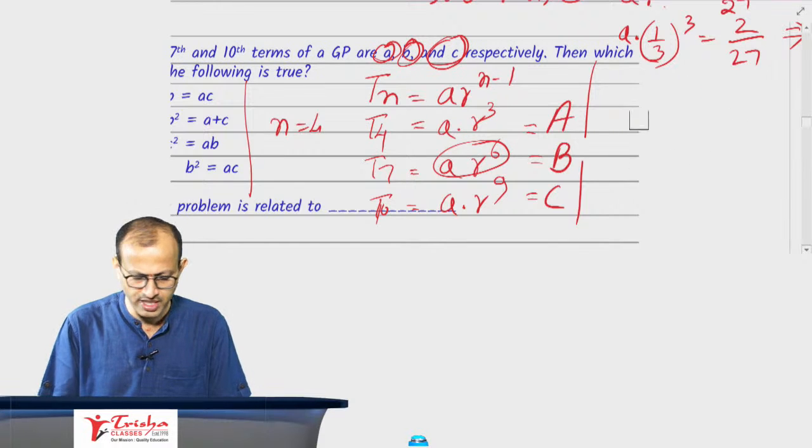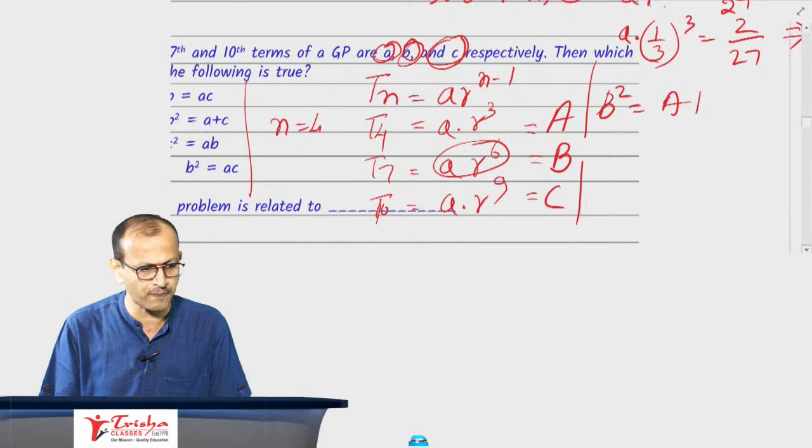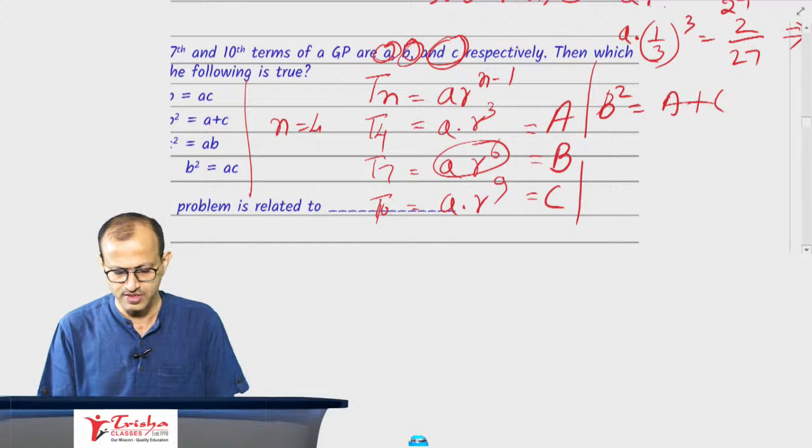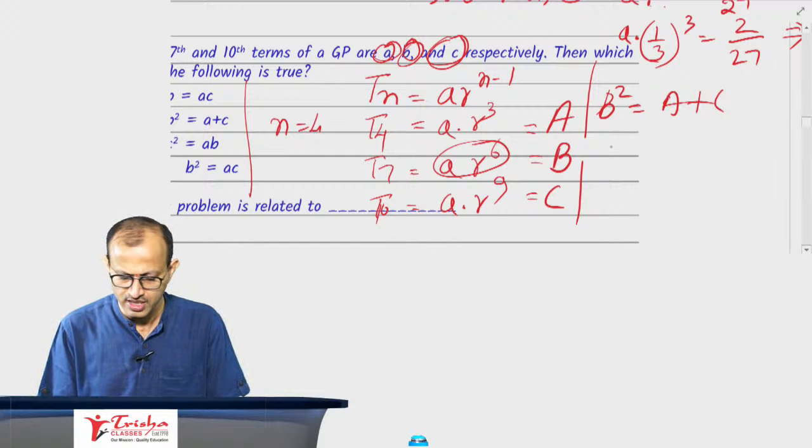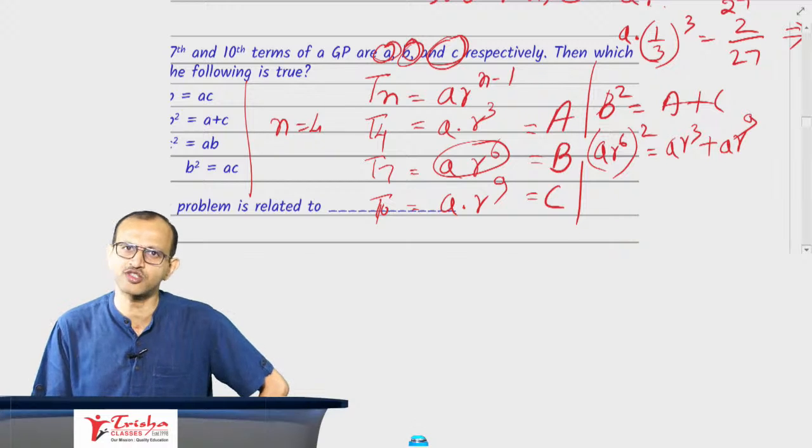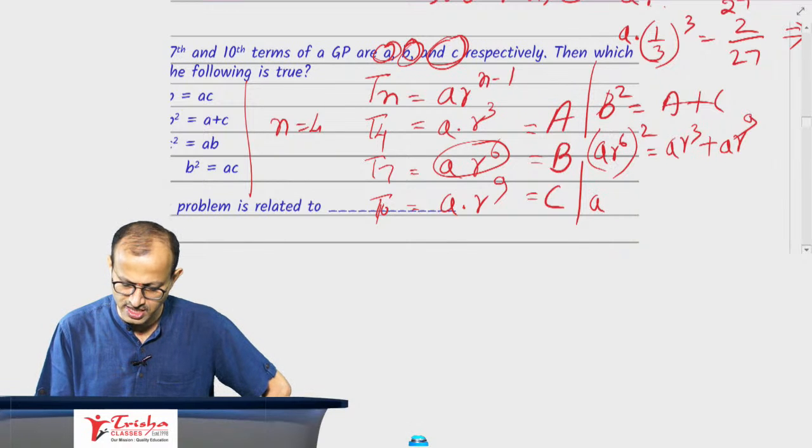Can you work with me on the second one? B square is equal to A plus C. Tell me, what is B square? B is the second one. A r to the power 6 whole to the power 2 is equal to A plus C, A r cube plus A r to the power 9. This is also not correct because what happens here is A square r to the power 12.